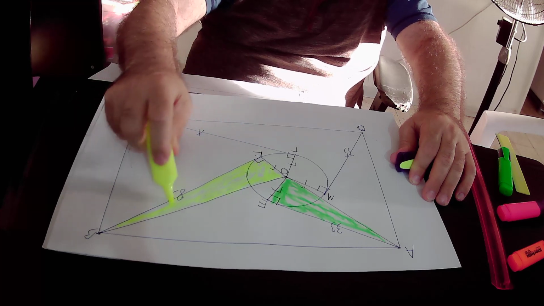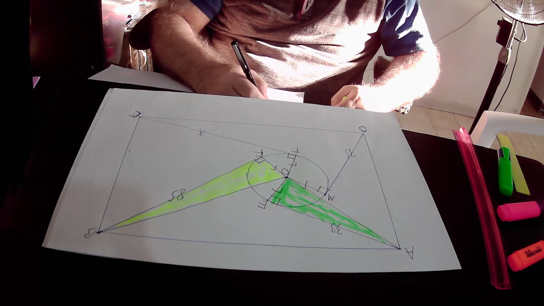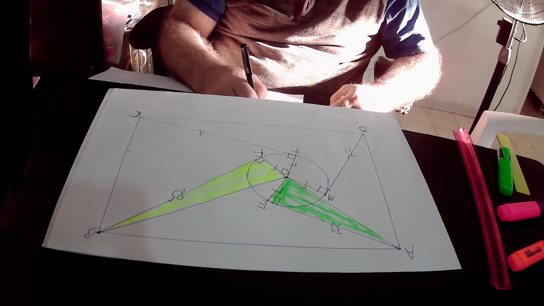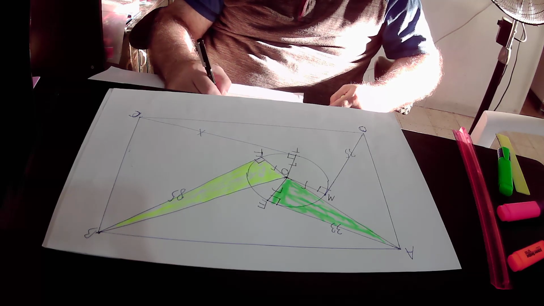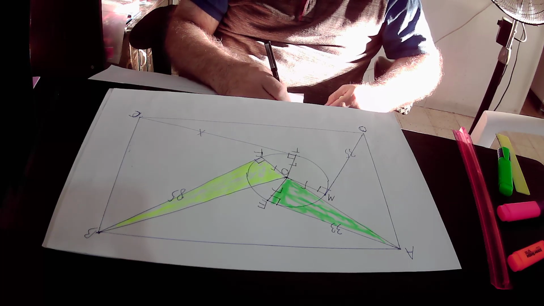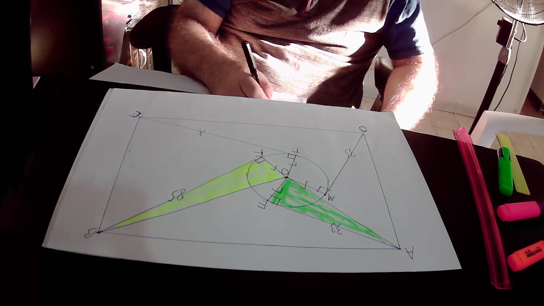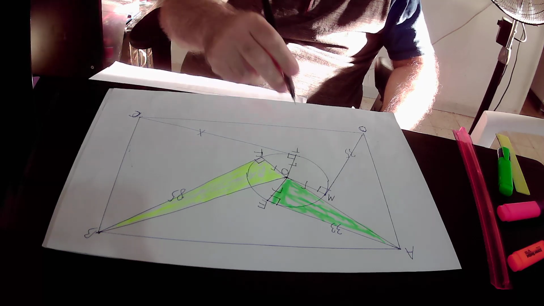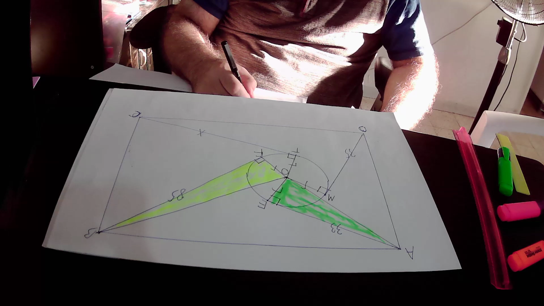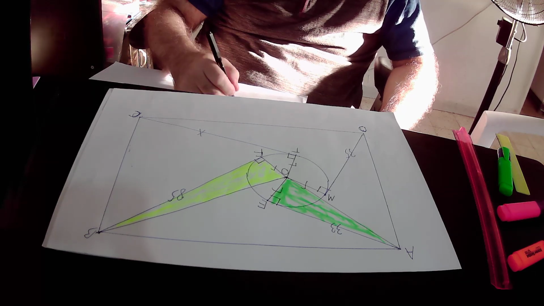According to the Pythagoras theorem, by PT, BO square equals OF square plus FB square.